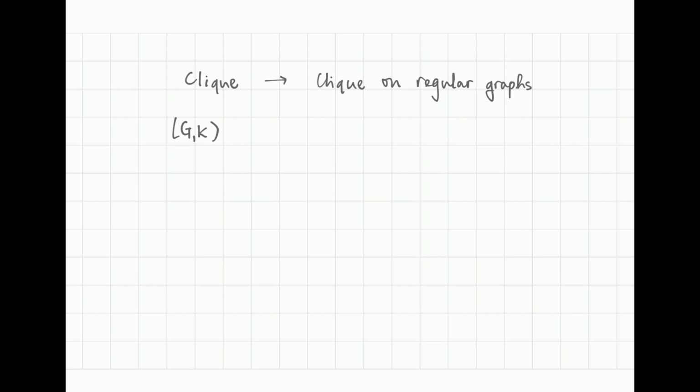And just as a warm-up step, let's think about what if every vertex in G had one of two degrees. So let's say the degree of v, being a vertex in G, was either D1 or D2. And let's say this is true for every vertex in the graph G, right?